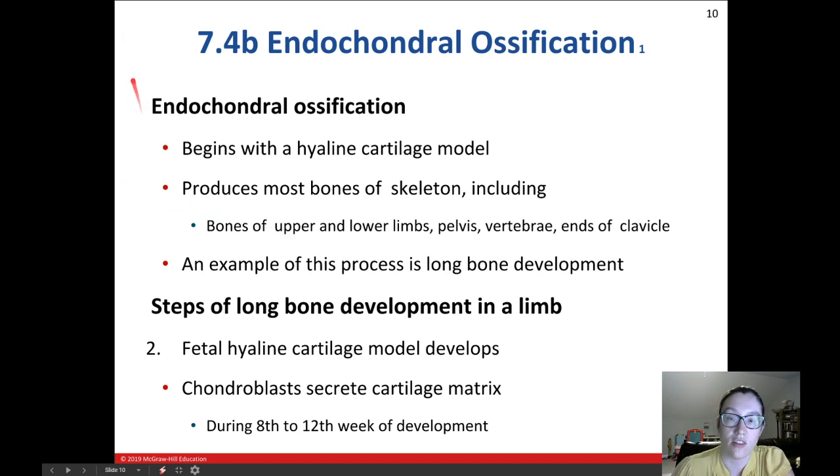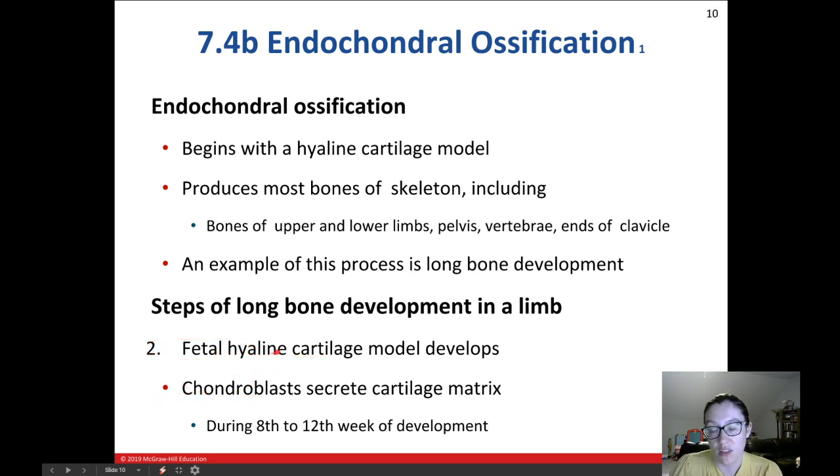We're going to give you an example of the humerus. That's the picture of the bone that is drawn in the book as an example. So we're going to look at long bone development in the limb, the humerus specifically.